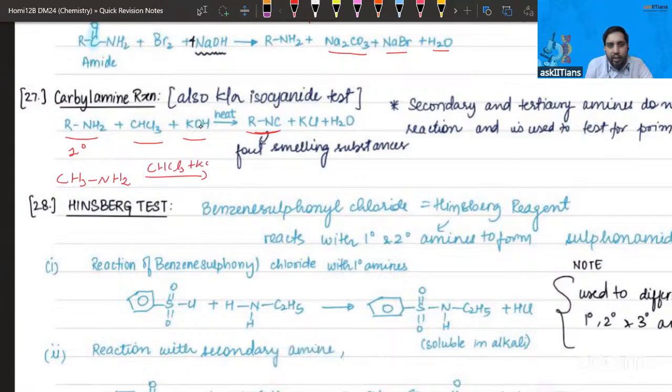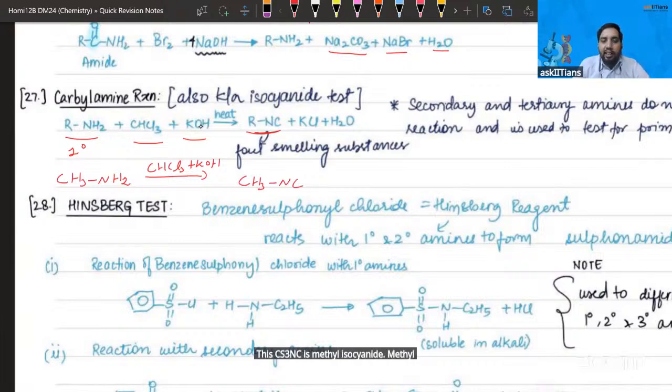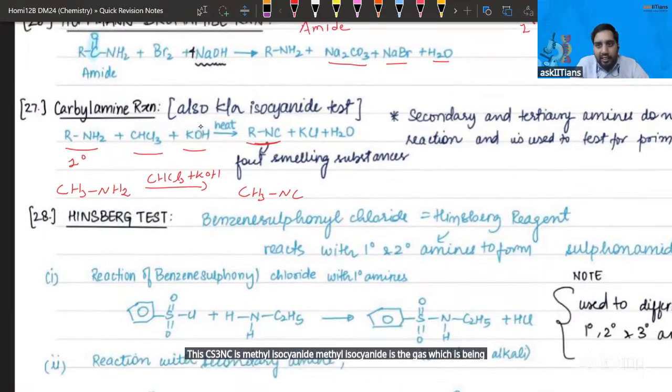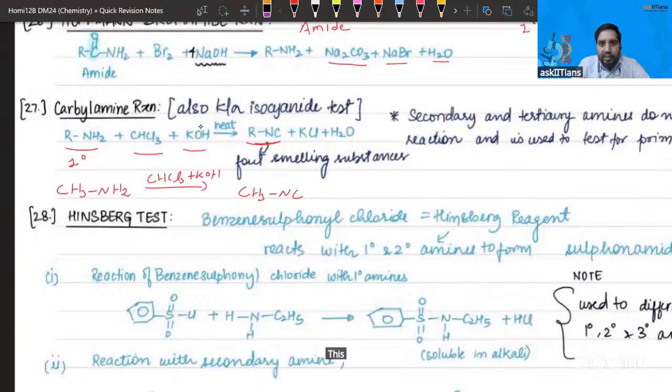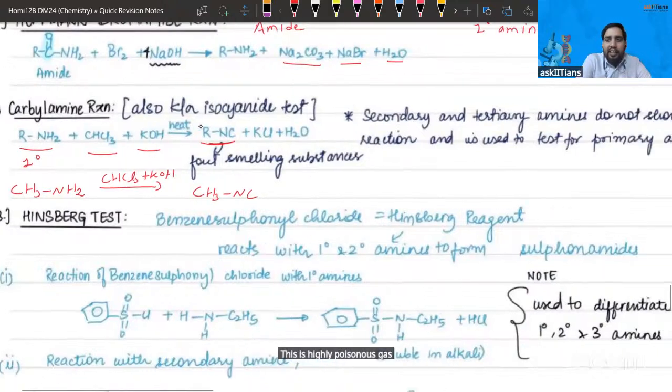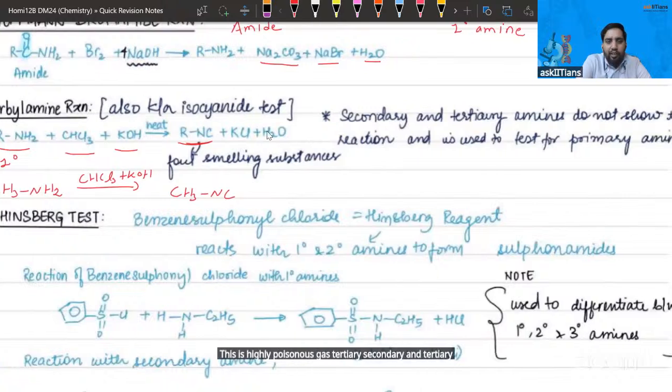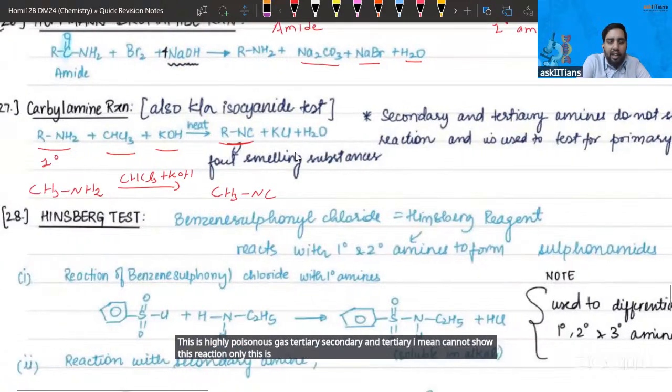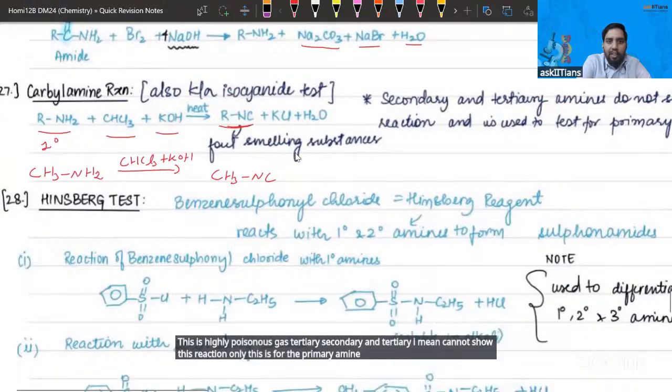So you are going to form CH3NC. This CH3NC is methyl isocyanide. Methyl isocyanide is the gas which leaked in the Bhopal gas tragedy. This is a highly poisonous gas. Secondary and tertiary amines cannot show this reaction. This is only for the primary amine.